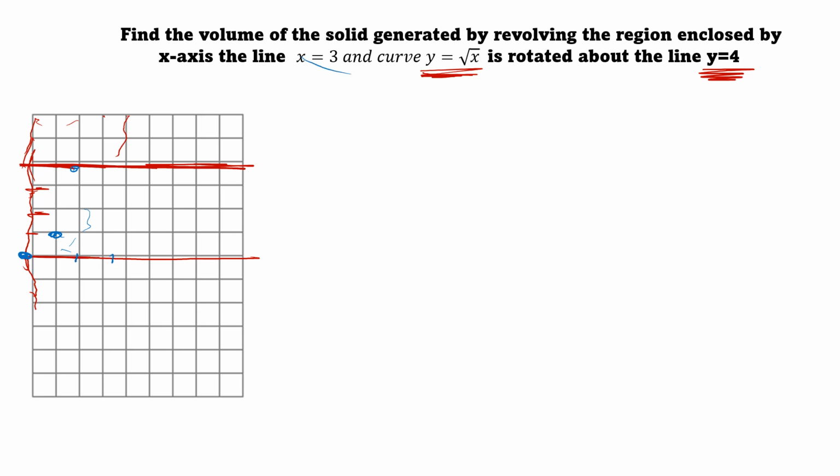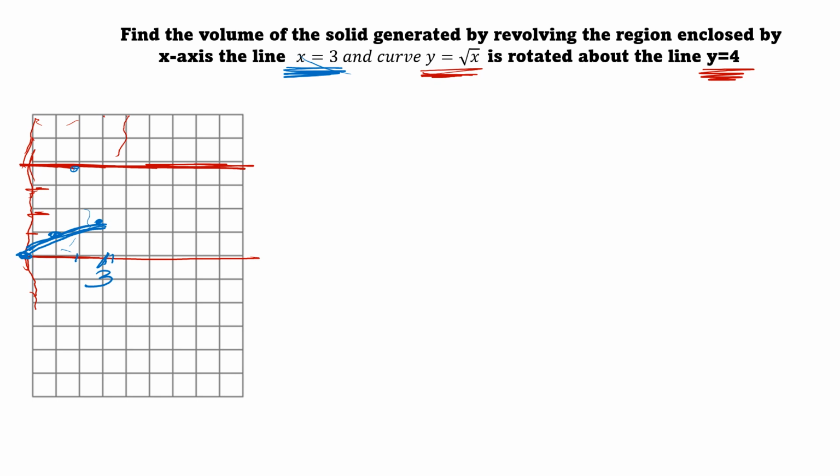But here x equals 3, so here is the 3. When you write square root of 3, it would be something like 1.7. So anyway, it is here. We get the graph like this. It is a kind of messy, but try to understand.